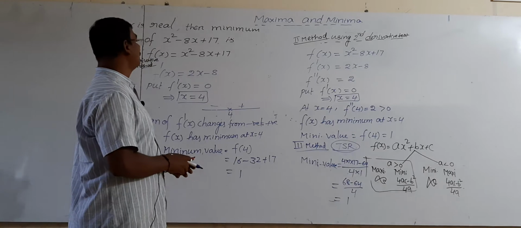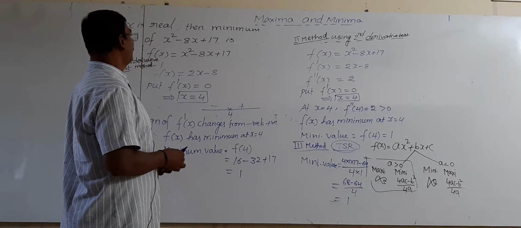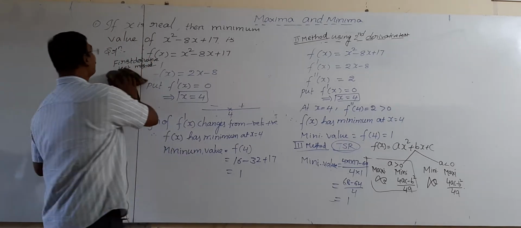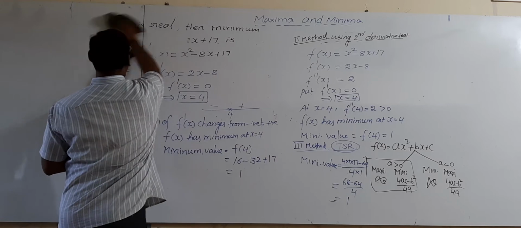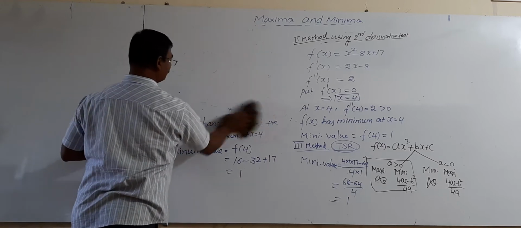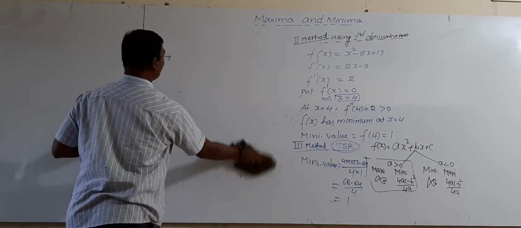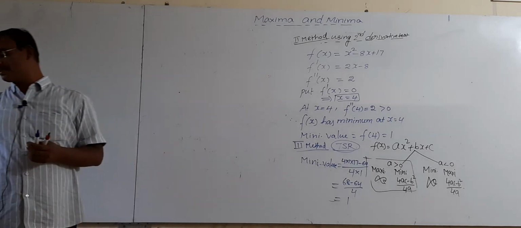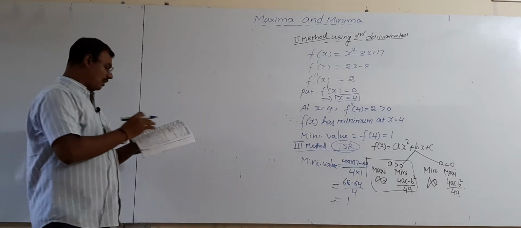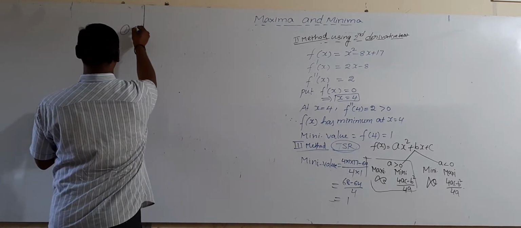Okay, shall we go to one more model problem? Some more questions we will explain. See here. Find the maximum or minimum values of. Using first derivative test or second derivative test, we can find out. I will give some textbook problems.